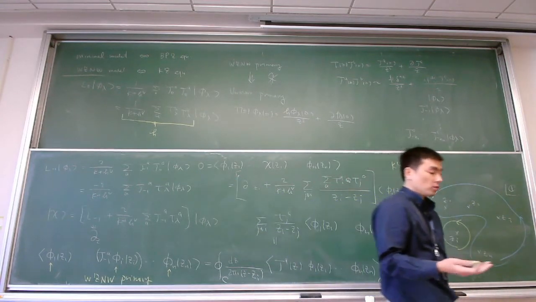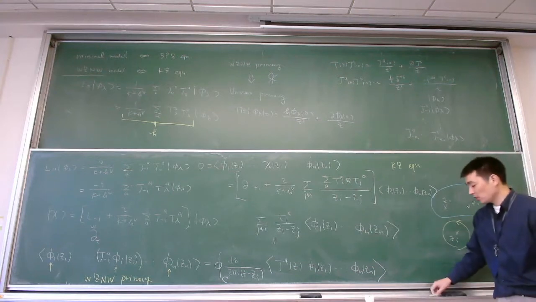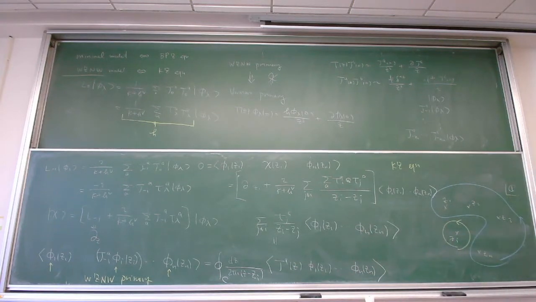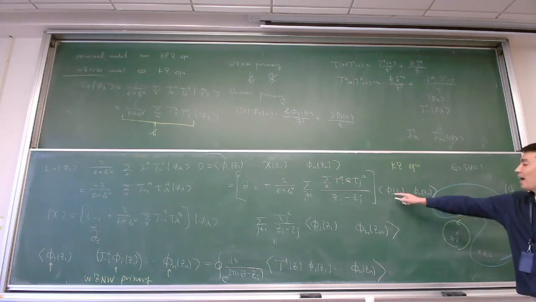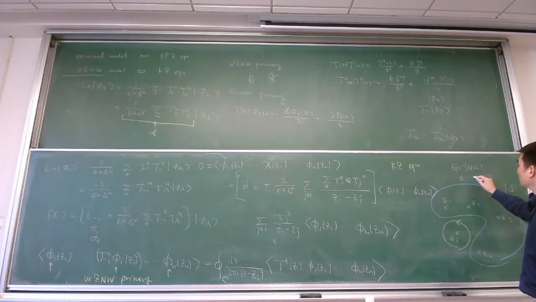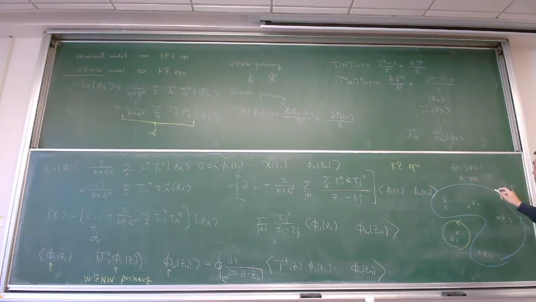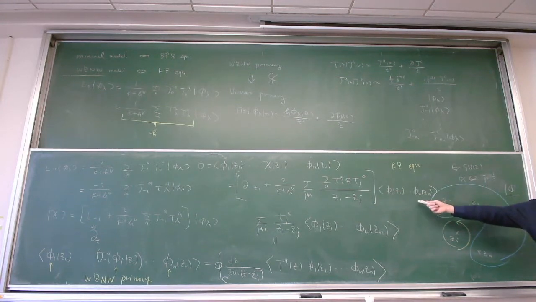It's really the same as the BPZ equation in the Virasoro minimal model. For G equal to SU2, and phi_i corresponding to the j equal to 1/2 representation, you can explicitly solve this correlation function, which is a homework of this week or next week.